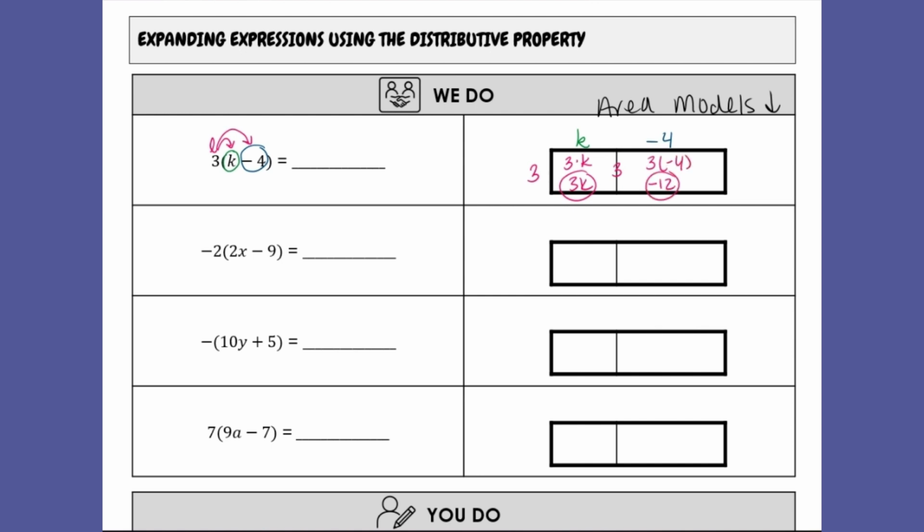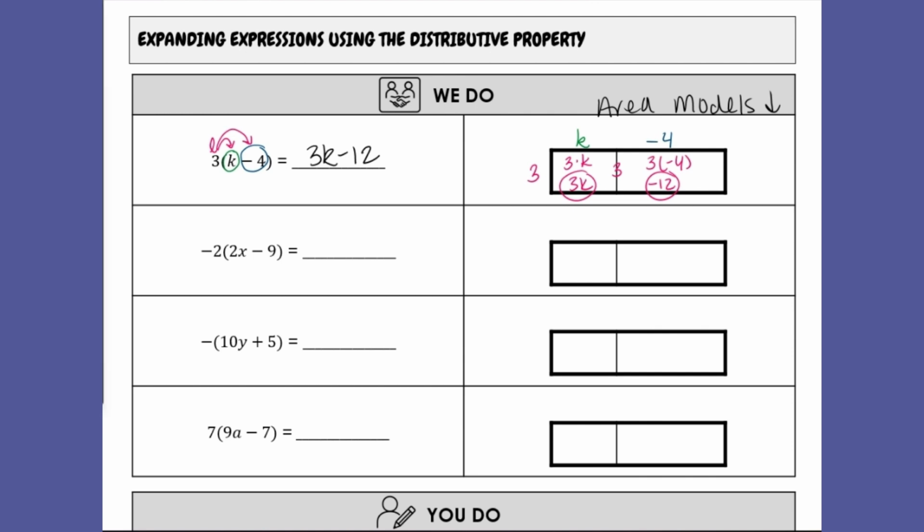The area of the first rectangle is 3K, the area of the second rectangle is -12, and so when I rewrite it, I'm going to write 3K minus 12. So seeing again how the area and the algebra version kind of work together.